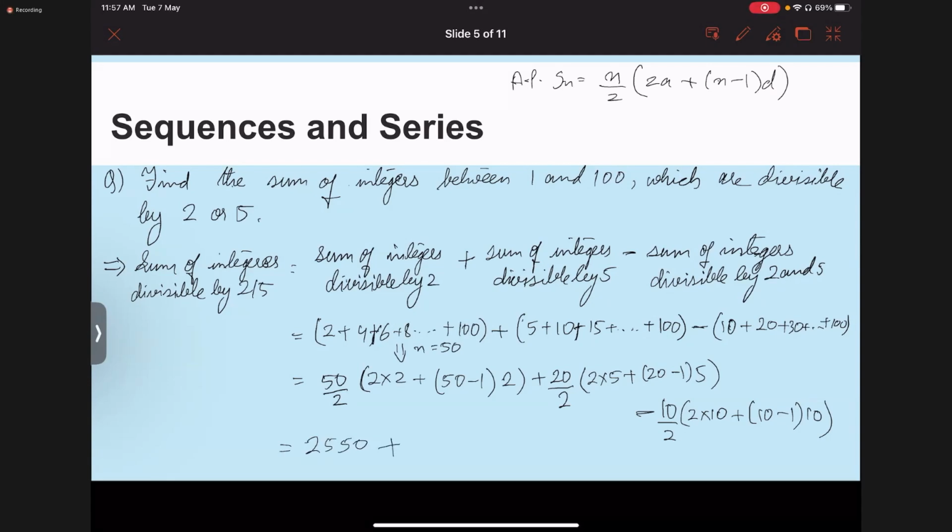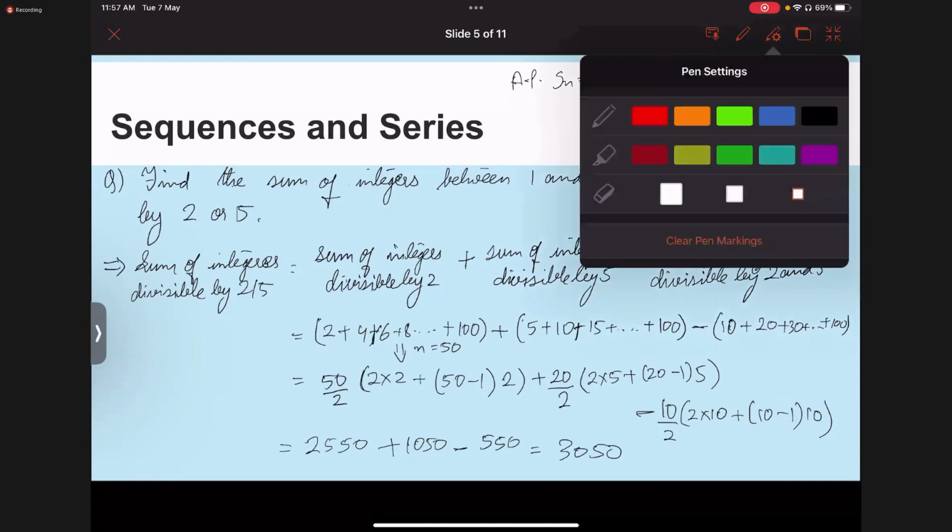The next one is 1050, and the last one becomes 550, and this will be minus. Sorry. So if you evaluate this, the final sum is going to be 3050.